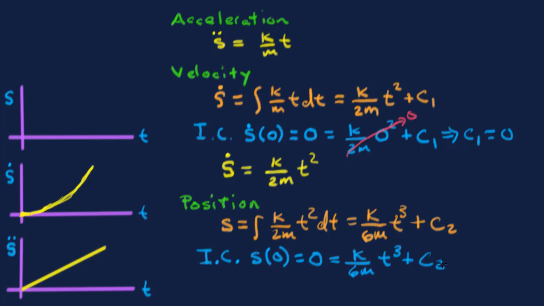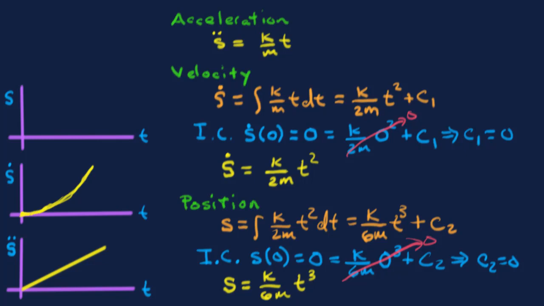What I need to do is take that t cubed and put in a 0, right? So let's take that t and put a 0 in here, so it's going to be 0 cubed. Doing so gets rid of this entire term right there, just leaving c2, which has to be 0. And therefore the position s has to be right up here, k over 6m times t cubed.